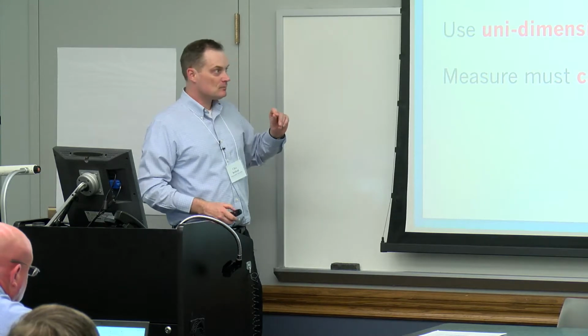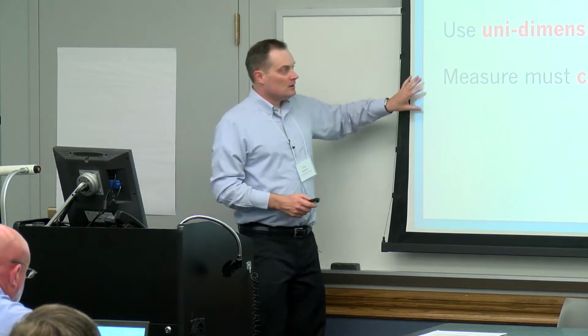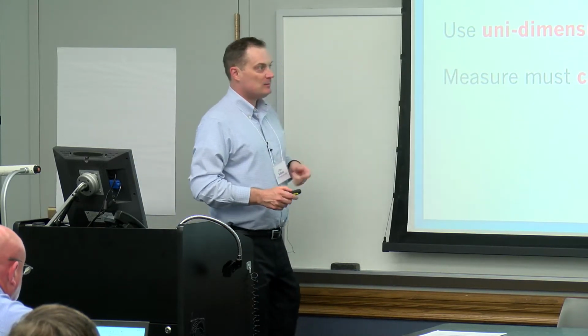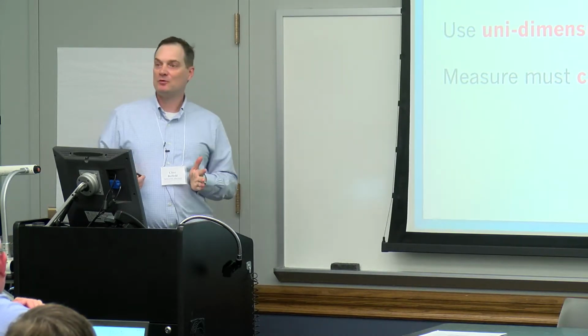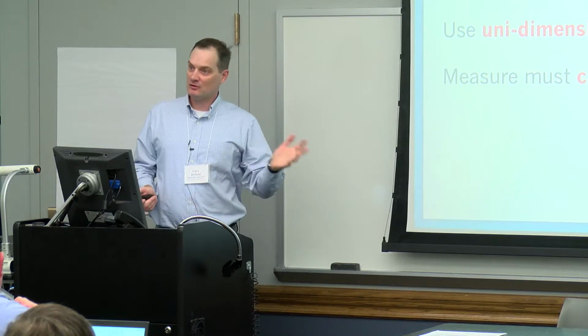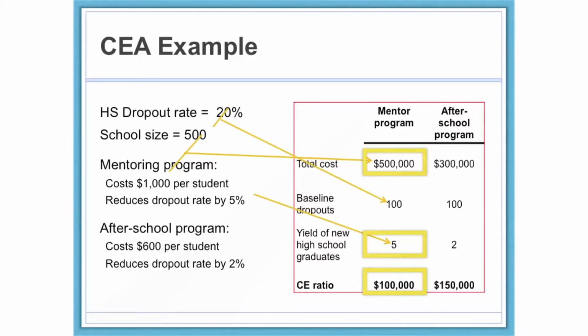Now, if we can find this unidimensional measure of effectiveness for a program, it's pretty straightforward to do our cost effectiveness analysis. We're just going to take our simple cost analysis, and we're going to say that we've got a baseline high school dropout rate of 20%. We're going to scale the school so it's only 500 students.